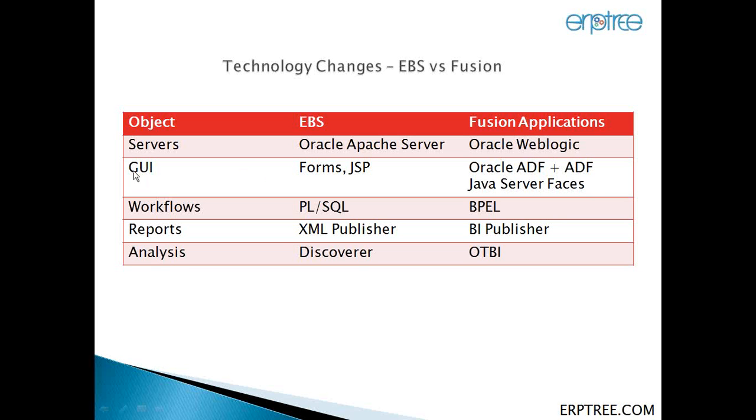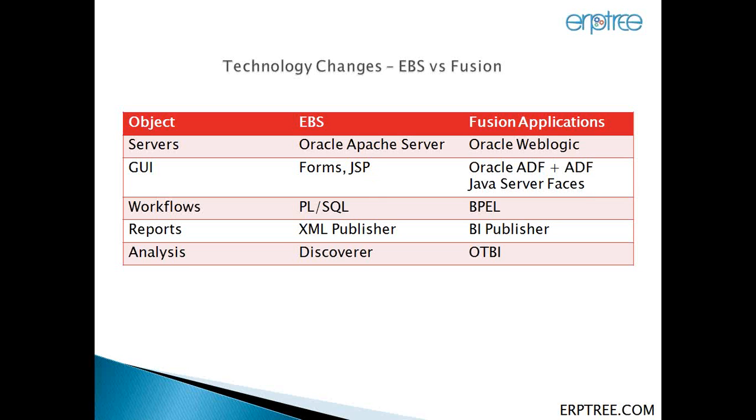And when you talk about the GUI, graphical user interface, in EBS everything is managed with forms. If you see release 12 or 11i, most of the functionality is built with forms, and in a few cases a few functionalities are built with JSP.